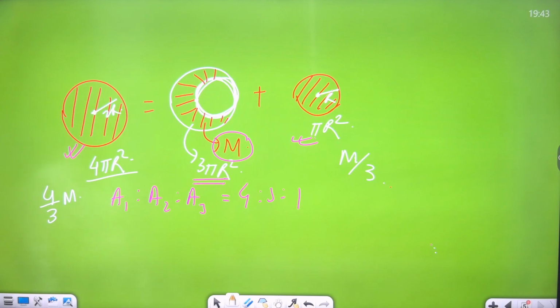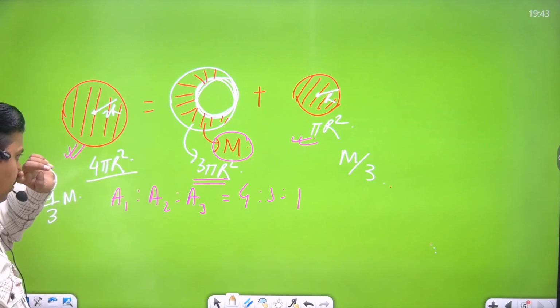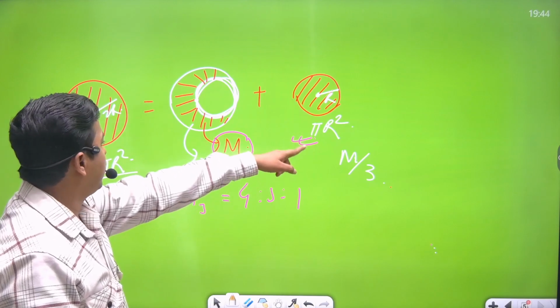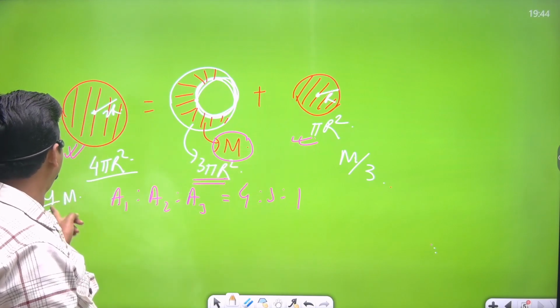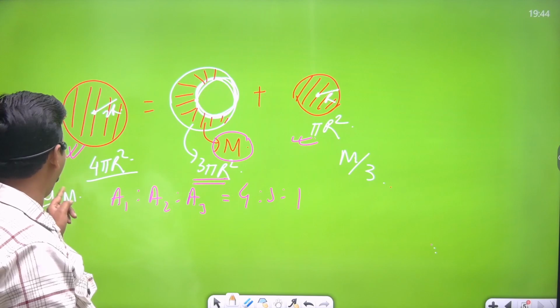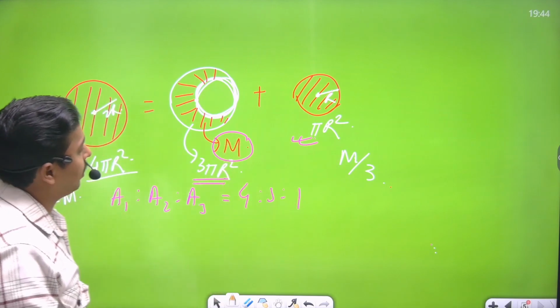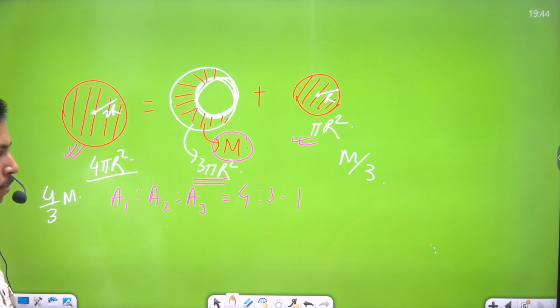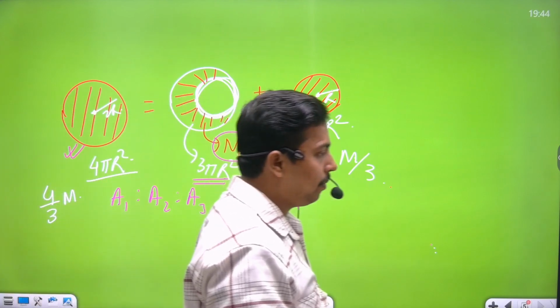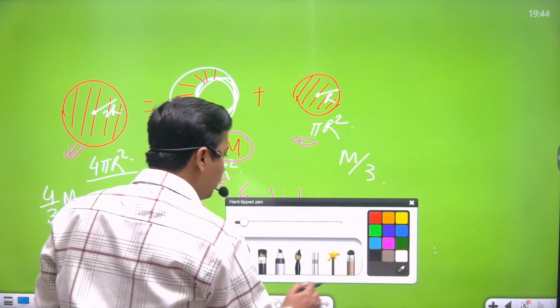Isn't it? When you add, 4 by 3 m is equal to m plus m by 3, so the equation is also satisfied.